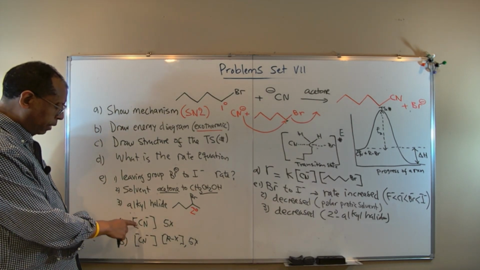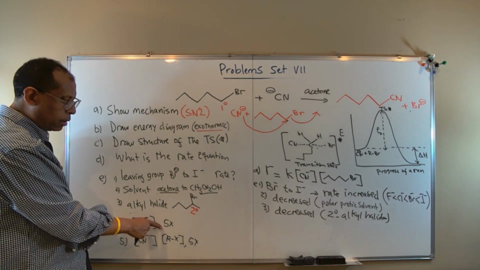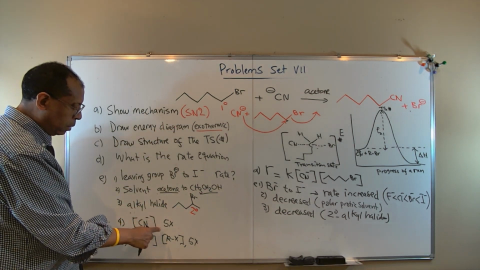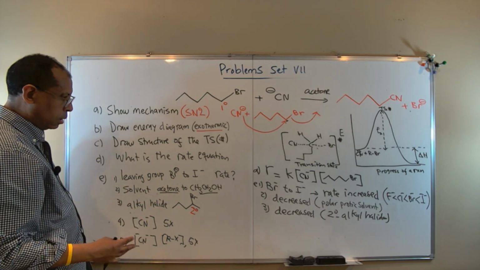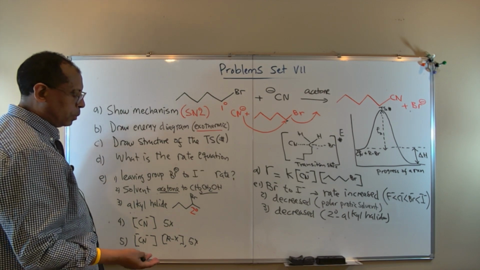What would happen if the cyanide, the nucleophile, is increased 5 times? The concentration is 5 times higher.